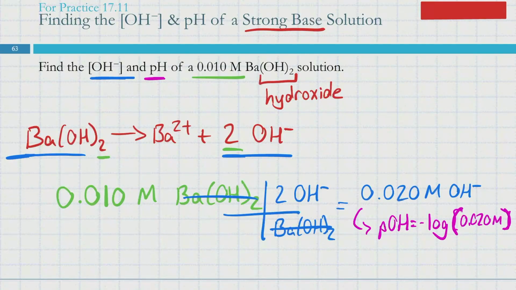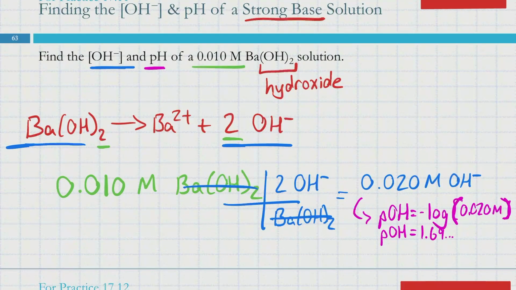Let's make those parentheses. So the negative log of 0.02, our pOH is 1.69 and change, and pH plus pOH equals 14.